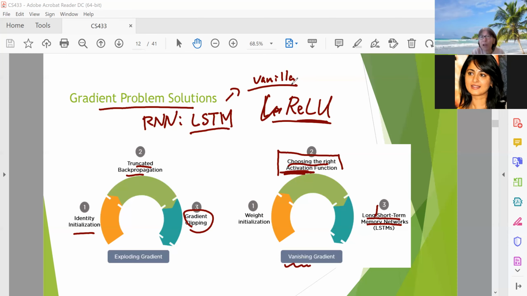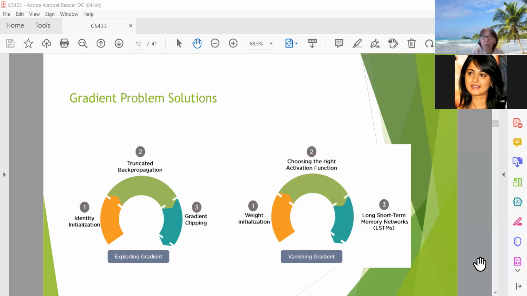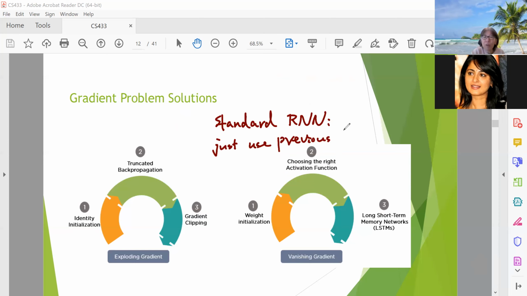The vanilla one is quite simple, because it just depends on the previous time step. So the standard RNN just uses the previous time step's output. All of the other previous ones are ignored.